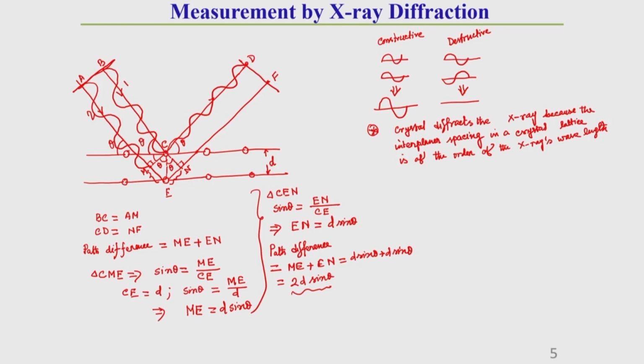This you should keep in mind. That means, if the wavelength of X-ray is lambda, then this D spacing should be within the order of n lambda. That means it can be 1 times this lambda, or 2 times this lambda, or 3 times this lambda.